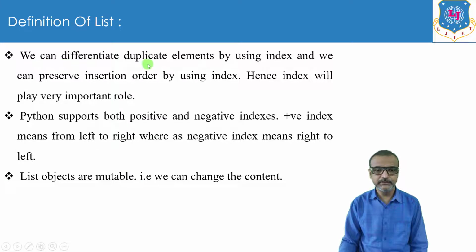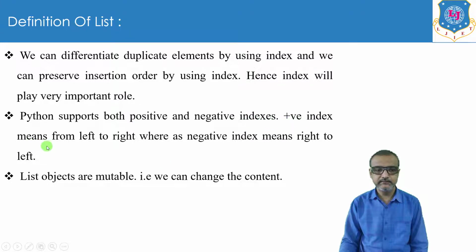We can differentiate duplicate elements by using index, and we can preserve insertion order by using index. Hence, index will play very important role. Python supports both positive and negative indexes.